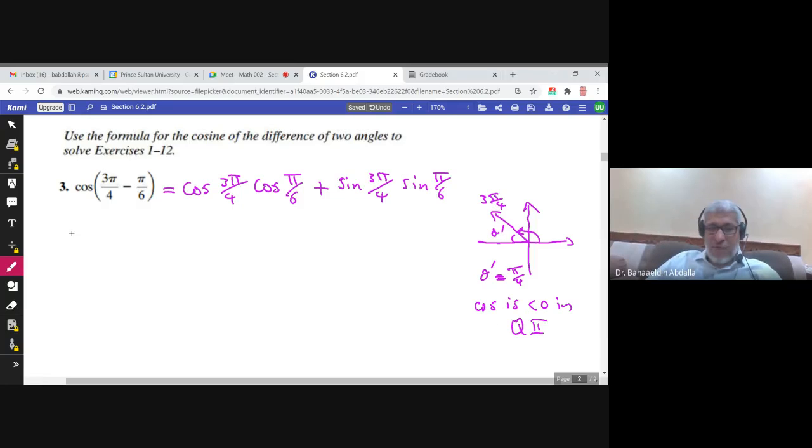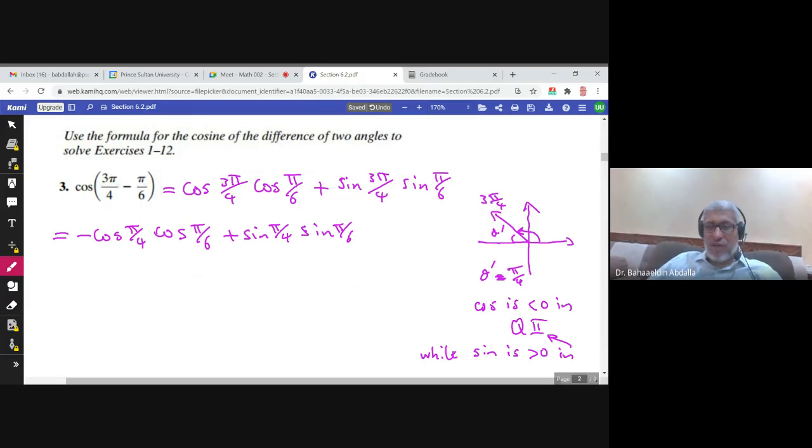So we can write cosine 3 pi over 4 is equal to negative cosine pi over 4, the reference angle, because it is in the second quadrant, times cosine pi over 6. Now plus sine 3 pi over 4 would be equal to sine pi over 4, the reference angle, because sine in the second quadrant is positive, while sine is greater than 0 in quadrant 2. So sine pi over 4 times sine pi over 6.